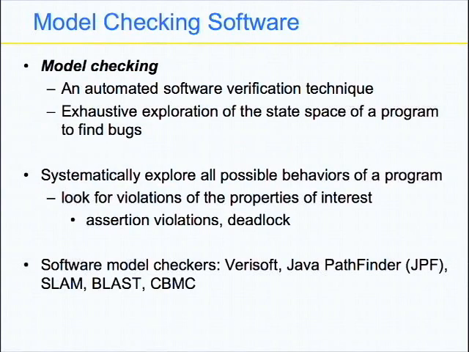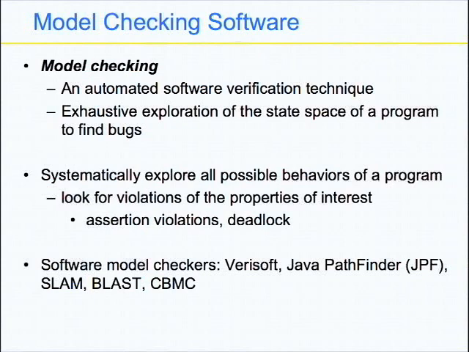Our motivating problem is software model checking. Model checking is an automated software verification technique. The basic idea is exhaustive exploration of the state space of the program, trying to check all possible behaviors of the program and look for violations like assertion violations or deadlocks.